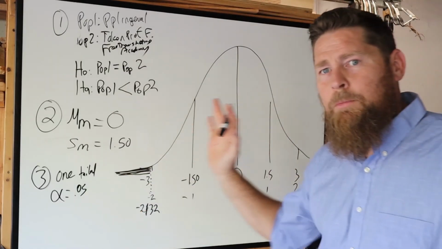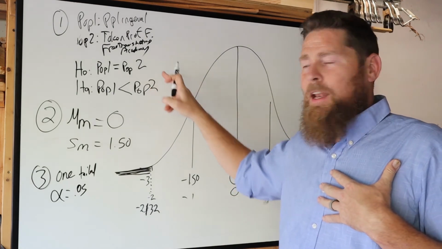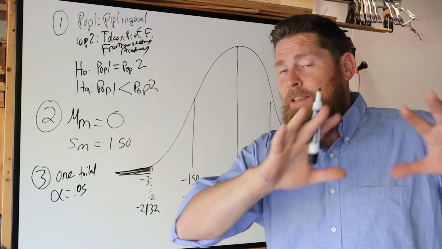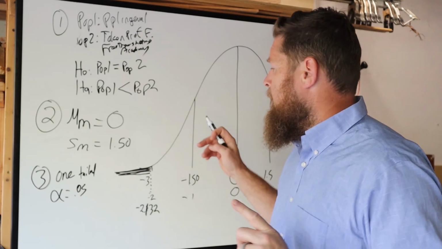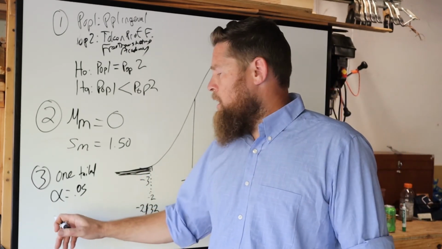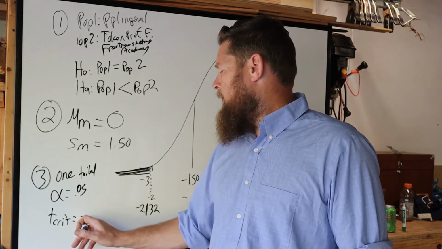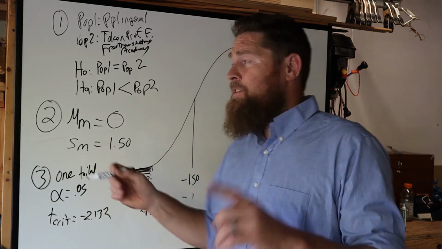Anything more extreme than that, then we're going to be able to reject the null hypothesis that my free throw shooting students come from the same population as everybody else, meaning that there's no difference in the free throw shooting academy. So, step 3, we've determined our t critical value is negative 2.132. Now we move on to step 4.